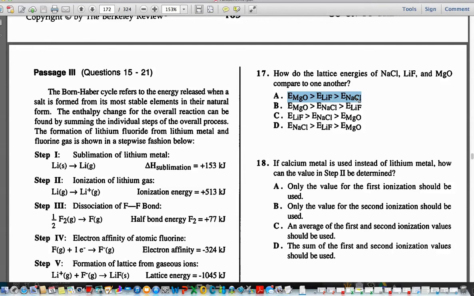It's not Ca+. Only the value for the second ionization, no, because it occurs as a metal in nature. So B doesn't make sense. Averaging 1 and 2 doesn't make sense. It's how much energy is needed to make the appropriate metal cation. So D is the best answer. Okay.